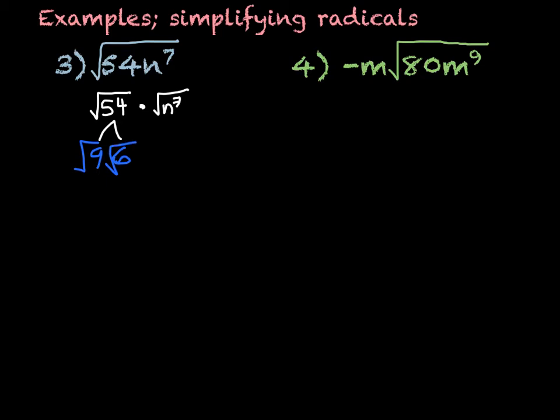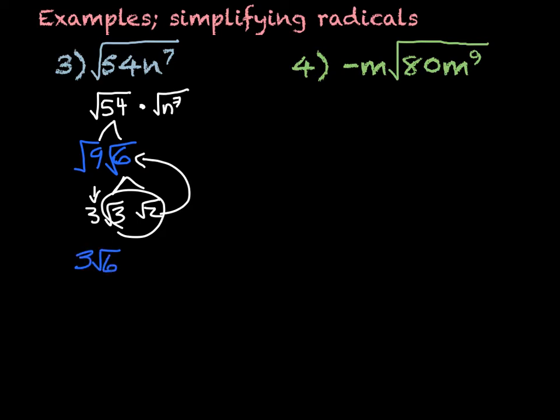So the square root of 9 is 3, and 6 would break down to the square root of 3 and the square root of 2, which doesn't break down anymore. So that's going to go back to what I had before. So the number part is going to be 3 square root of 6.